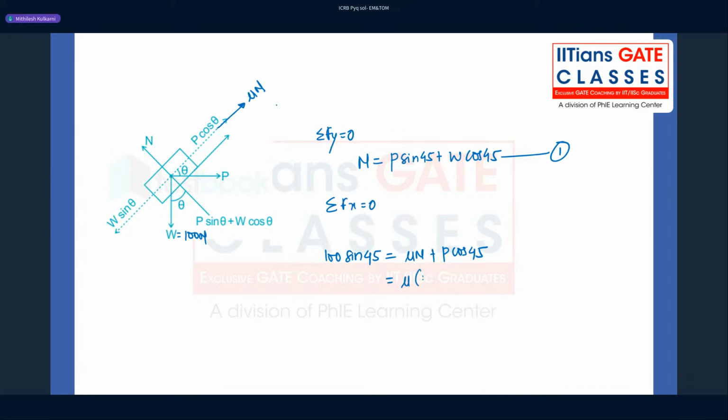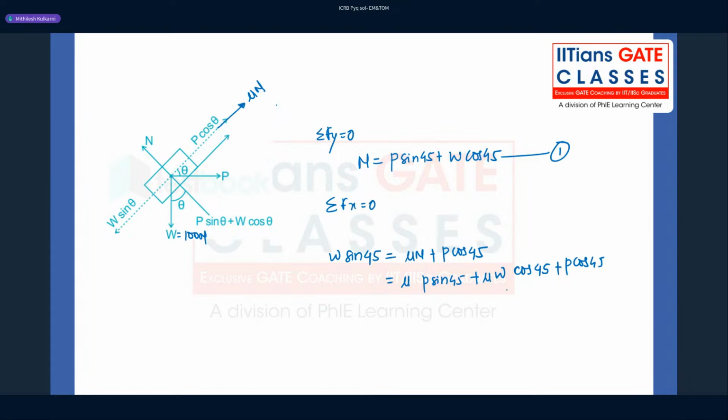N is P sine 45 plus W cos 45. So mu P sine 45 plus mu W cos 45 plus P cos of 45. W is 100. Let's keep it as W here as of now.